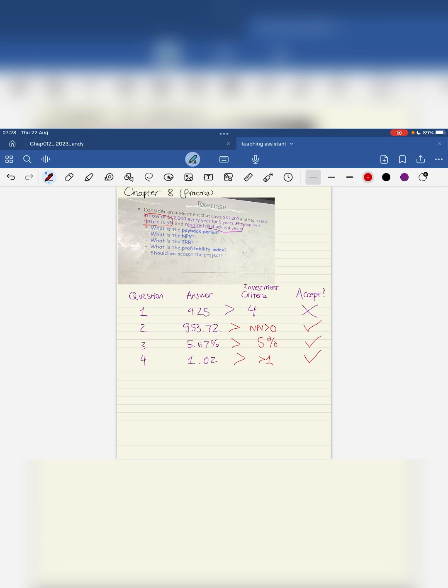So in conclusion, for this exercise, we do not accept the project in the case of the payback period, and we accept the project in all other cases, including NPV, IRR, and profitability index. Therefore, as I said in the previous video, please do not consider payback period as your optimized investing strategy. It's not efficient. Keep that in mind.